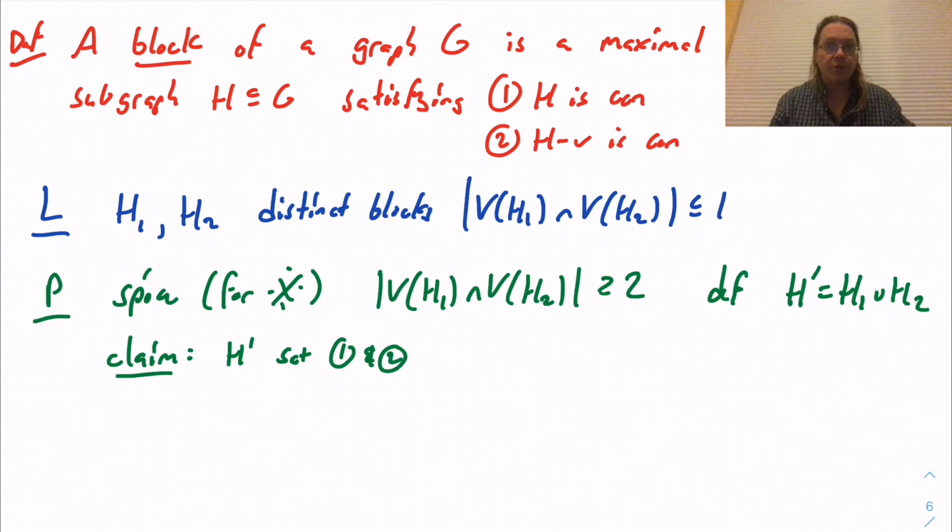So I need to show you that H prime satisfies properties 1 and 2. Well, 1 is automatic. It's a thing that we've said before. If I give you two connected subgraphs of a graph G and they share a vertex, then their union is going to be a connected subgraph of G. So 1 is a thing that we've previously proved.